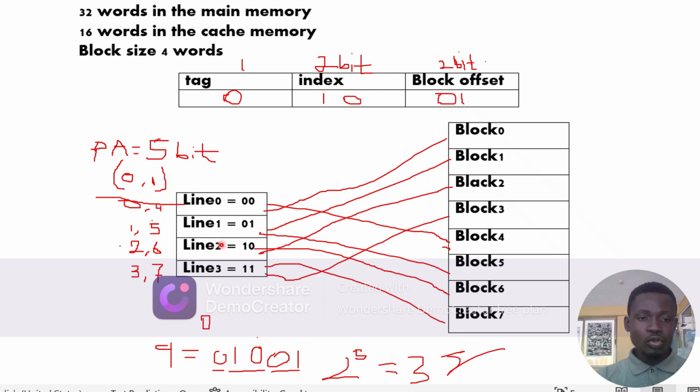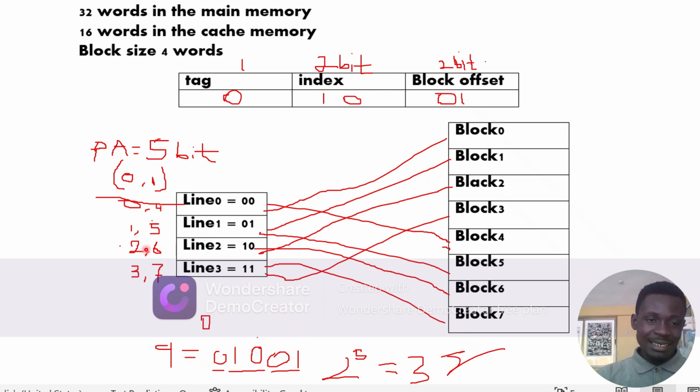And line 2 also contains how many blocks? It contains block 2 and block 6. And we are saying when the tag is 0, it's for this block, and when the tag is 1, it's for this block. So the tag here is 0. It means this line contains 2 blocks, and the blocks are 2 and 6, and the tag is 0.